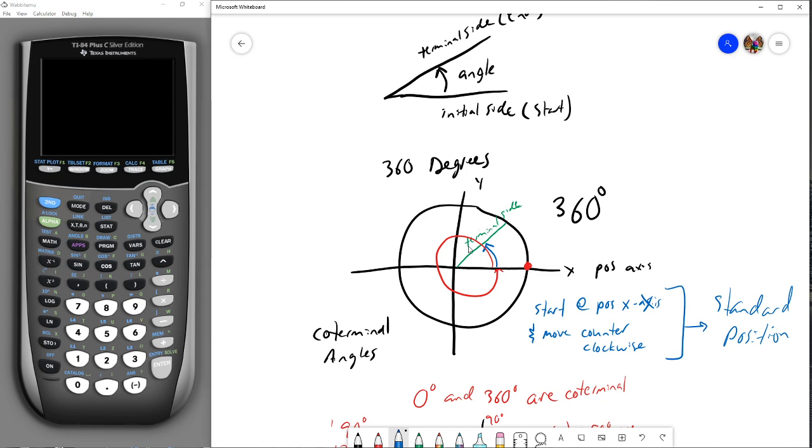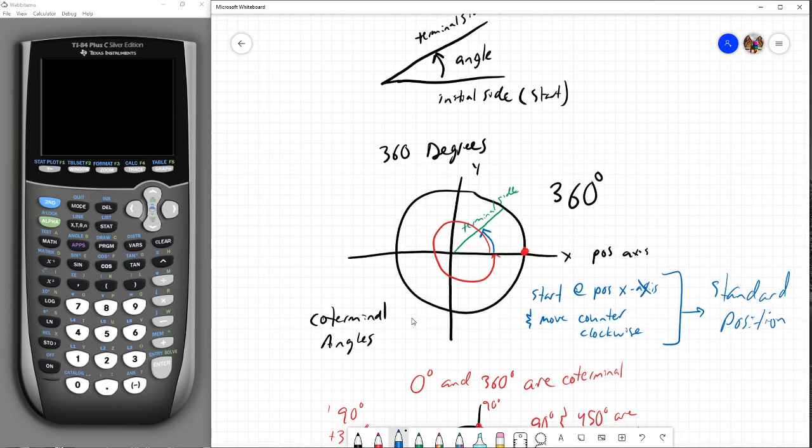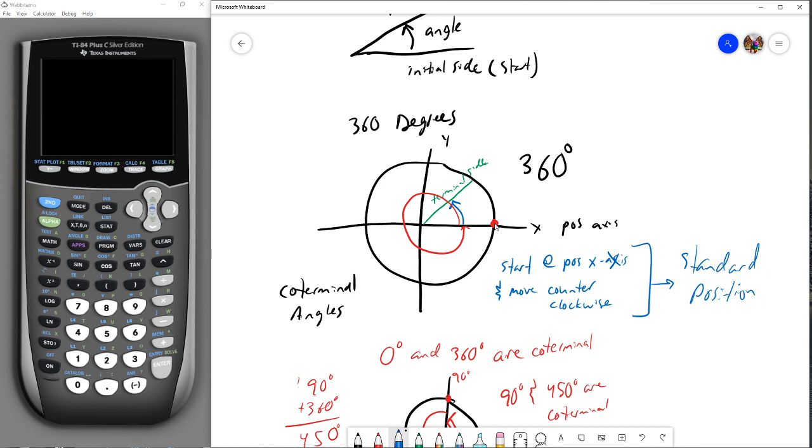And if the terminal side ends at 0 or at 360 degrees, so right back here, then we say 0 degrees and 360 are coterminal because they bring you back to the same xy coordinate. You go all the way around a circle, right?